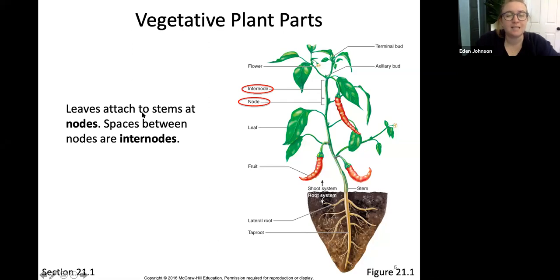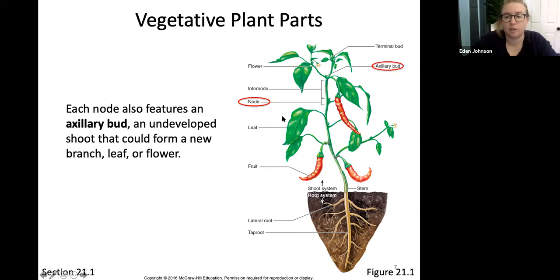So leaves attached to stems at the nodes. Here's a node. So everywhere that you have a leaf, it's not everywhere on that stem, okay? Just everywhere you have a leaf, they're called a node. And then you're going to have a space between every leaf that's called your internode, okay? So leaves attached to the stems at nodes, spaces between these nodes are called internodes.